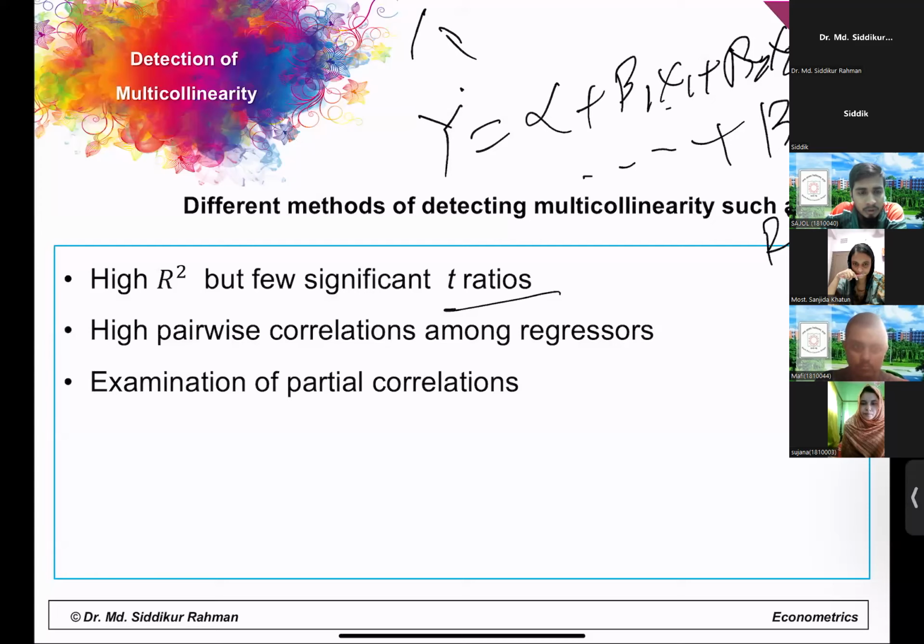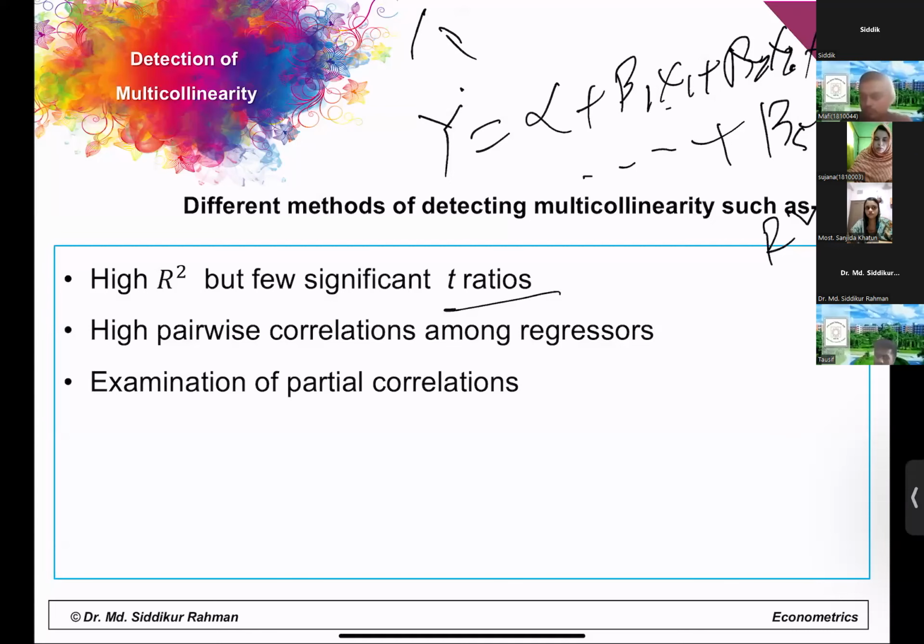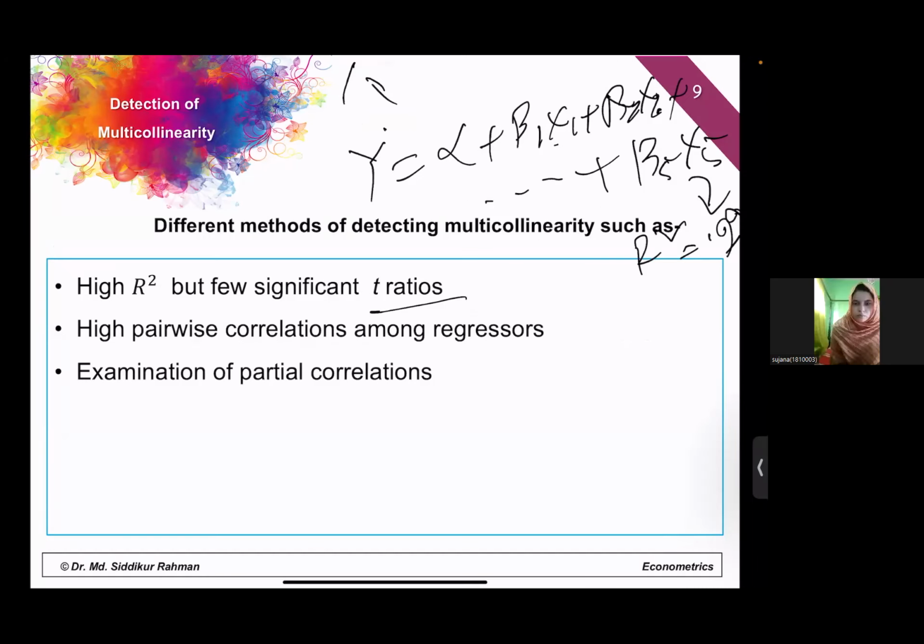So you can also see the partial correlation. What is partial correlation? There will be so many independent variables that are correlated. Exactly. The logic is something like this, but maybe you can test it later on. And auxiliary regression.